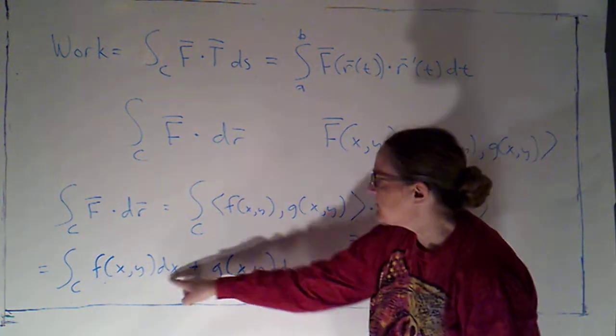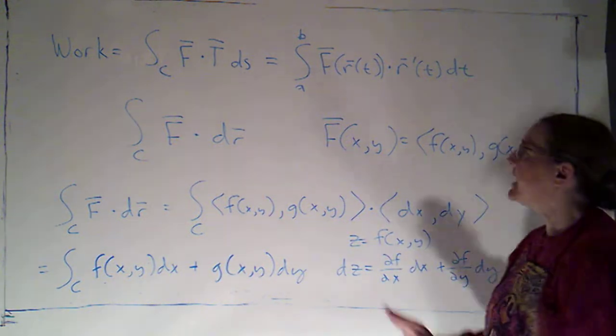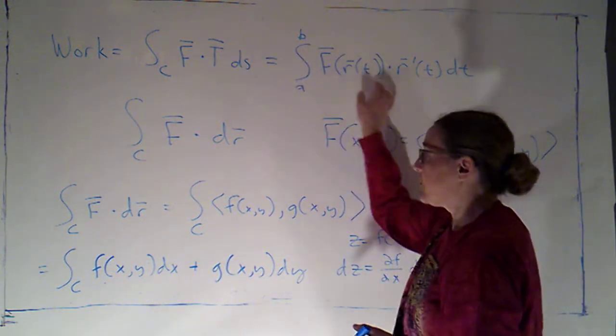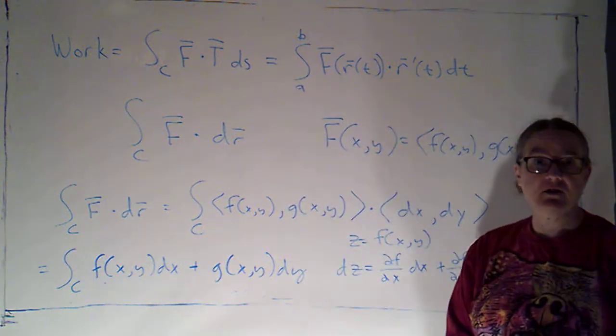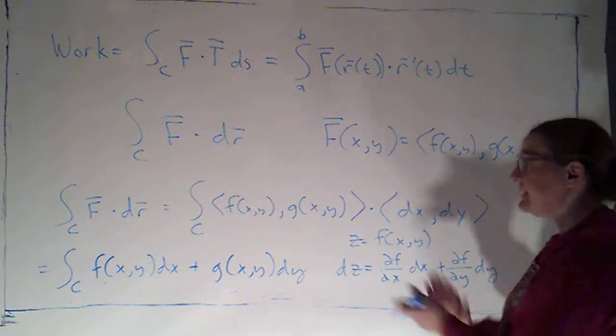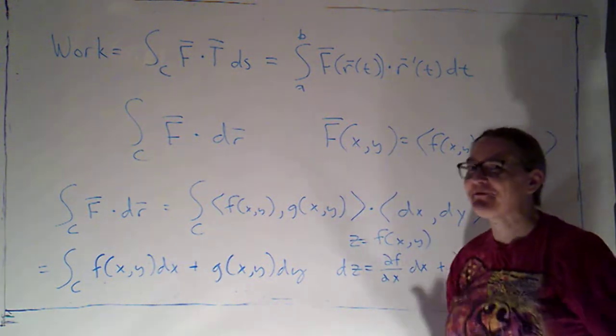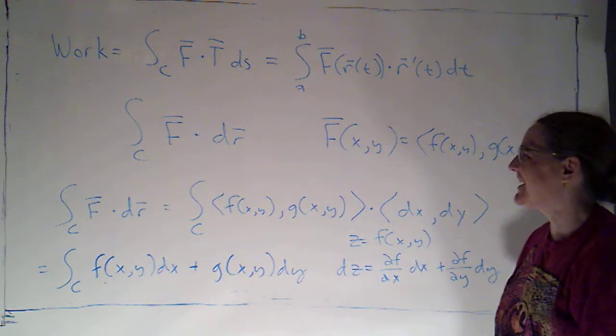So there are times when this notation really does make a lot of sense. Again, I prefer this or this. I don't find this to be nearly as user-friendly, but any of it is acceptable notation. And in different contexts, I have different preferences for what notation I like to use.